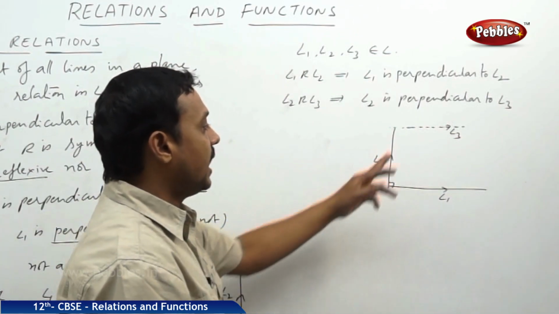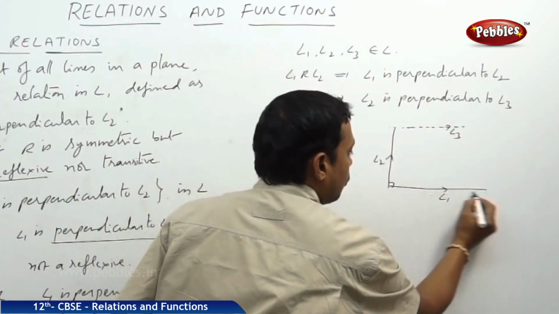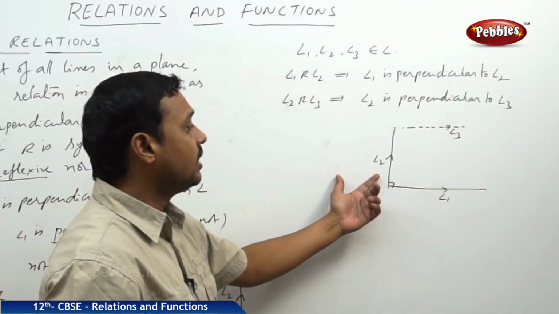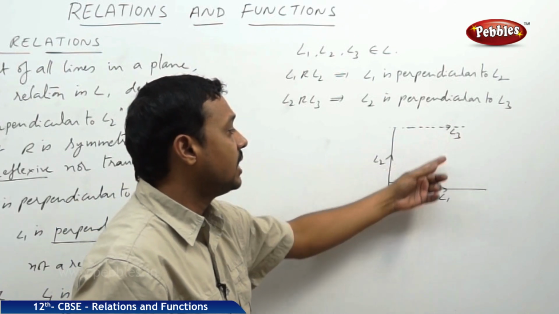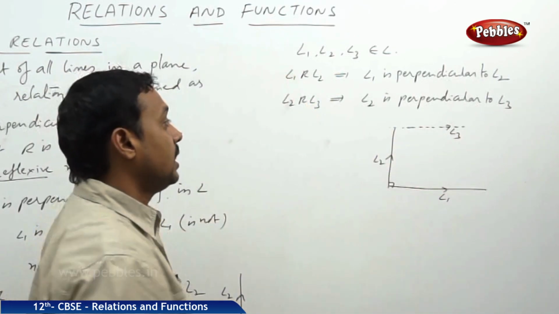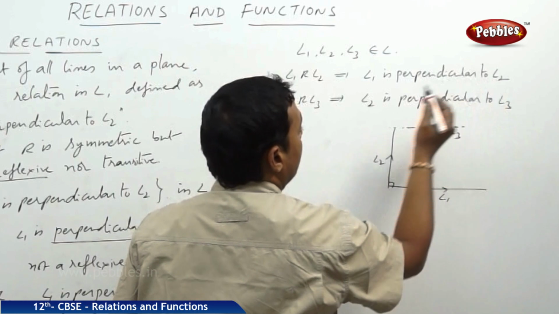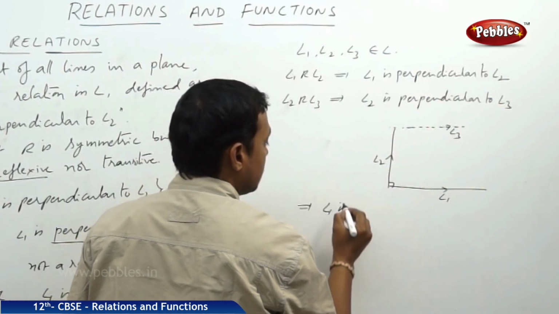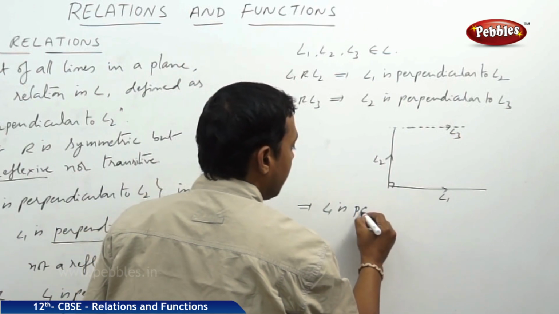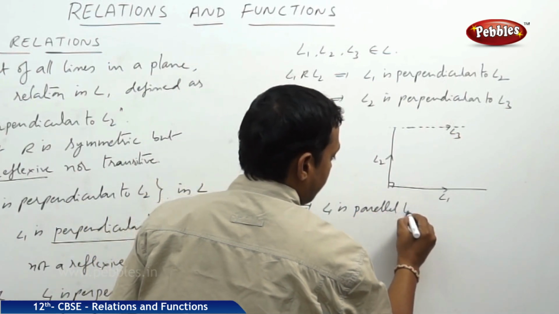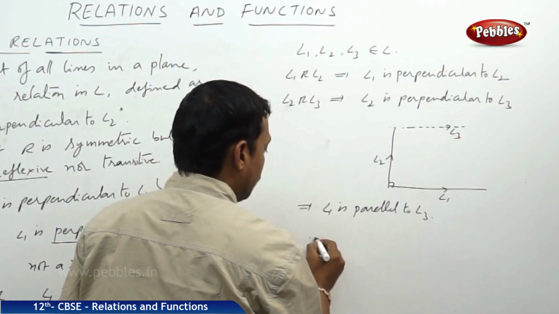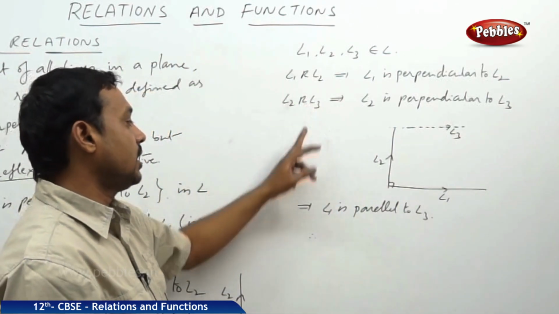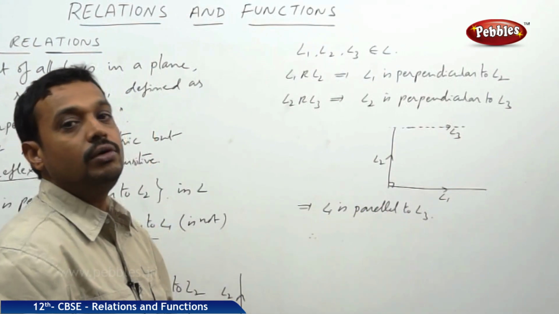So, the line can be like this or like this, coinciding with L1. Whatever it is, we cannot define a perpendicular line L3 to L1. That means L1 perpendicular to L2, L2 perpendicular to L3 implies that L1 is not perpendicular, but parallel to L3. Therefore, here L1 is related to L2, L2 is related to L3, but L1 is not related to L3.